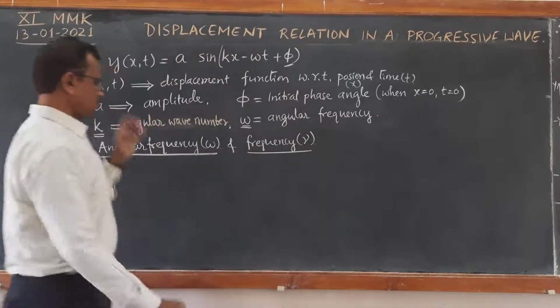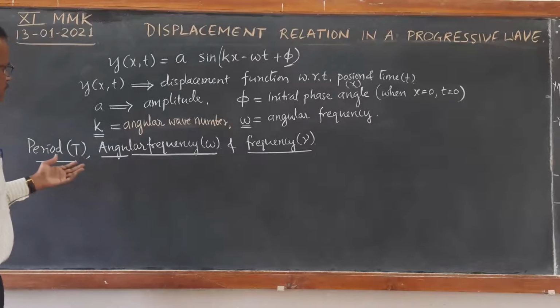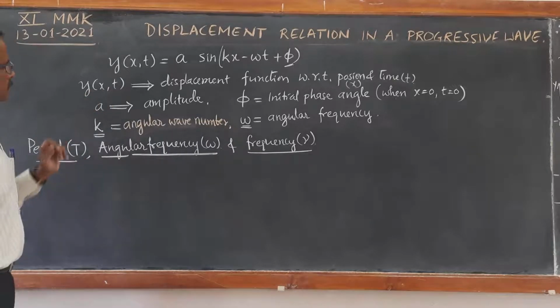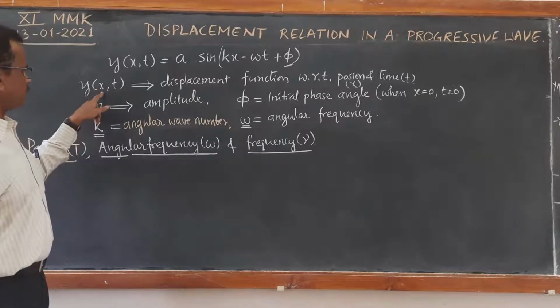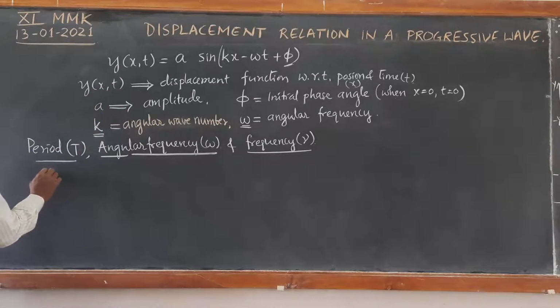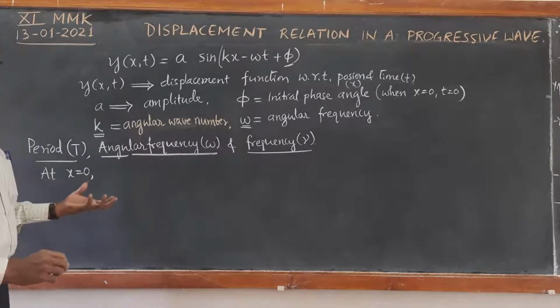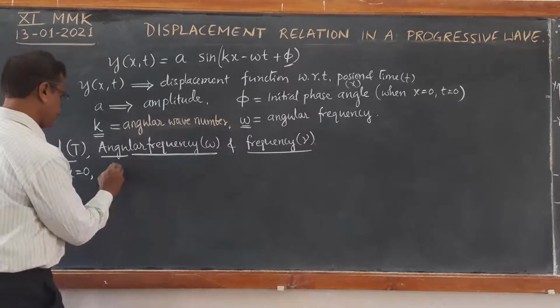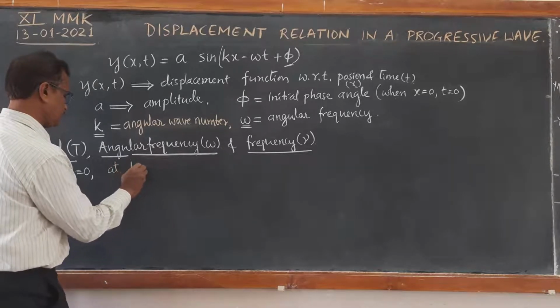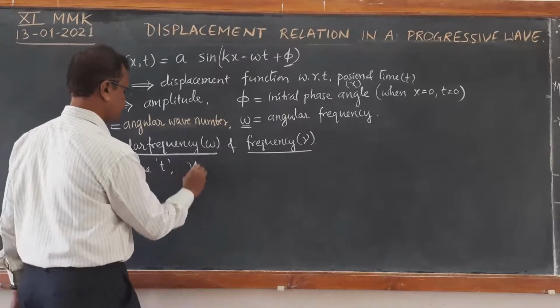Now this can be understood by taking y equal to 0 at x equal to 0, that is, the initial position at x equal to 0. At any time t, we get the equation for displacement.